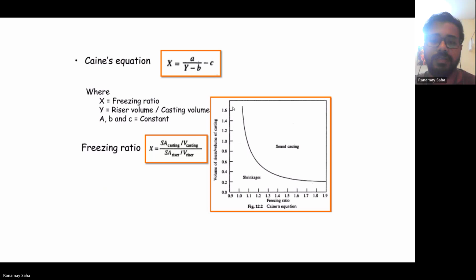The curve clearly separates the region of casting from the region where you get shrinkage.